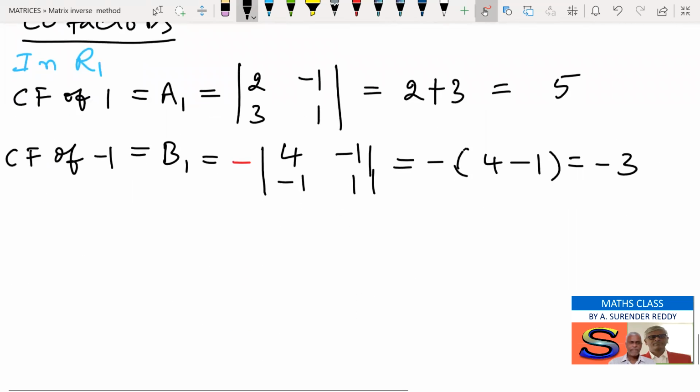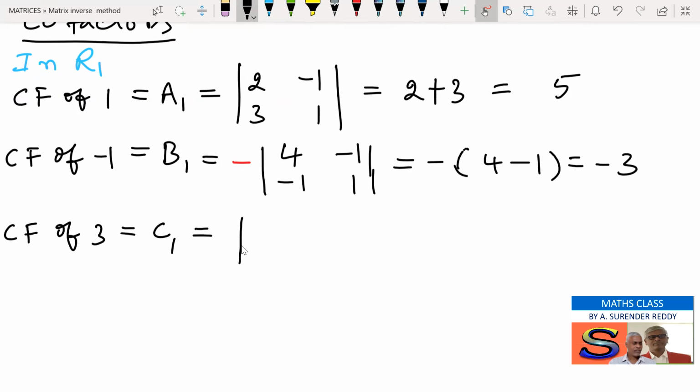Now the cofactor of 3, that is C1. So for this, first row, third column, eliminating, we get 4, 2, minus 1, 3. 4 into 3 is 12, minus minus plus 2.